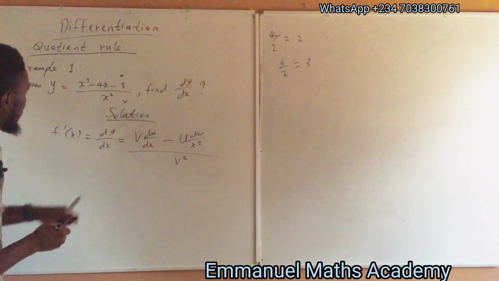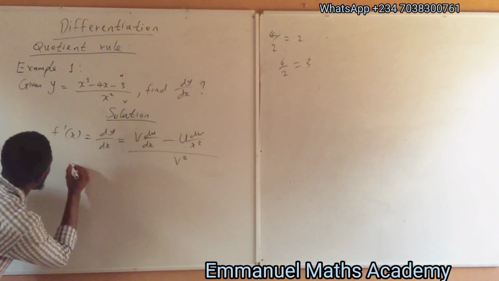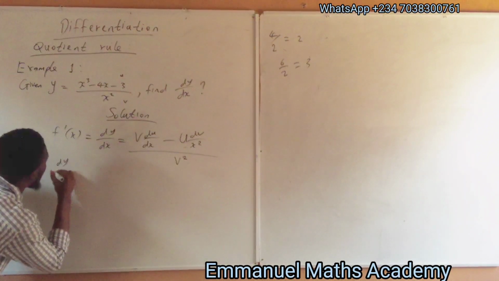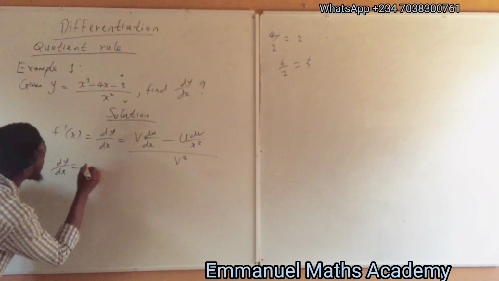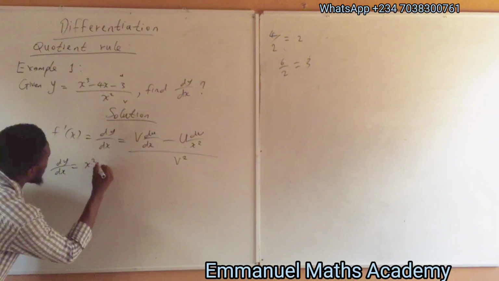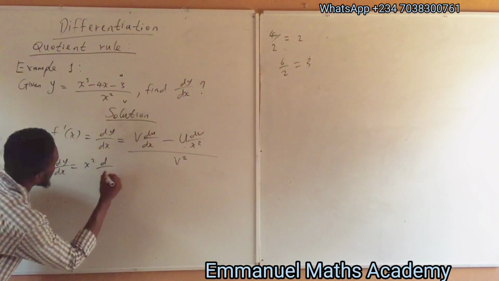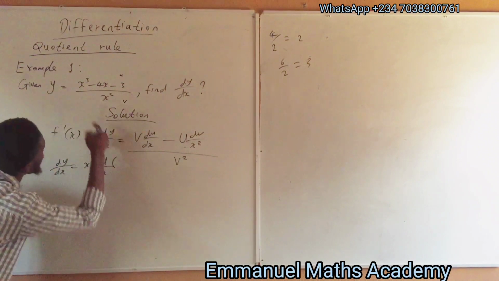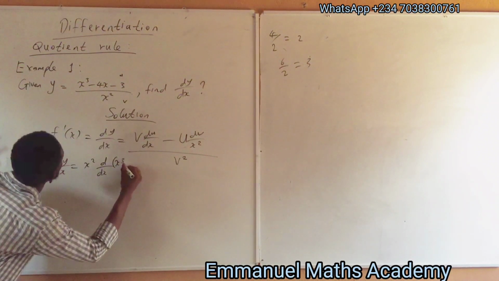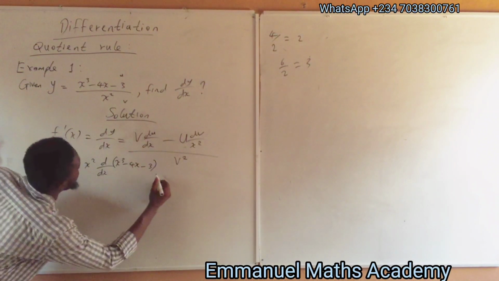Is that correct? Now from this, we have that our dy dx is equal to keep v, differentiate u with respect to x, differentiate this whole thing with respect to x, right?